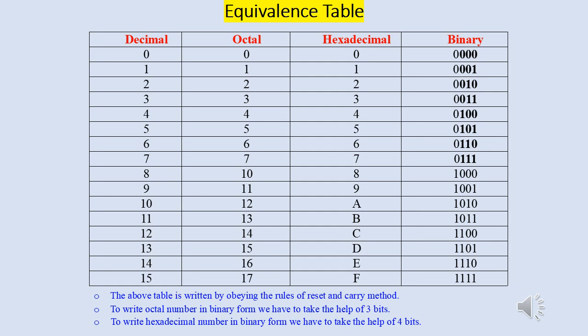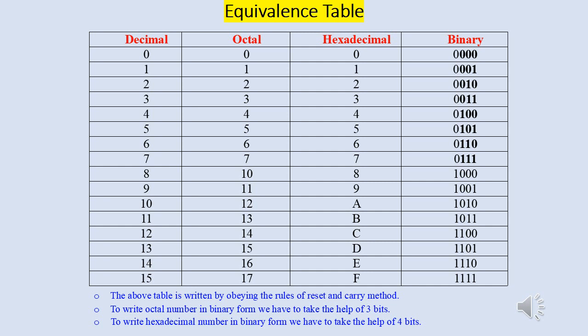As per the requirement of the equivalence table, we have taken 4 bits here. You can see that in the binary number system, we start with 0000, that is 0, and finally reach 1111, which is equivalent to decimal 15. In octal it is 17, in hexadecimal it is capital F, and in binary it is 1111.